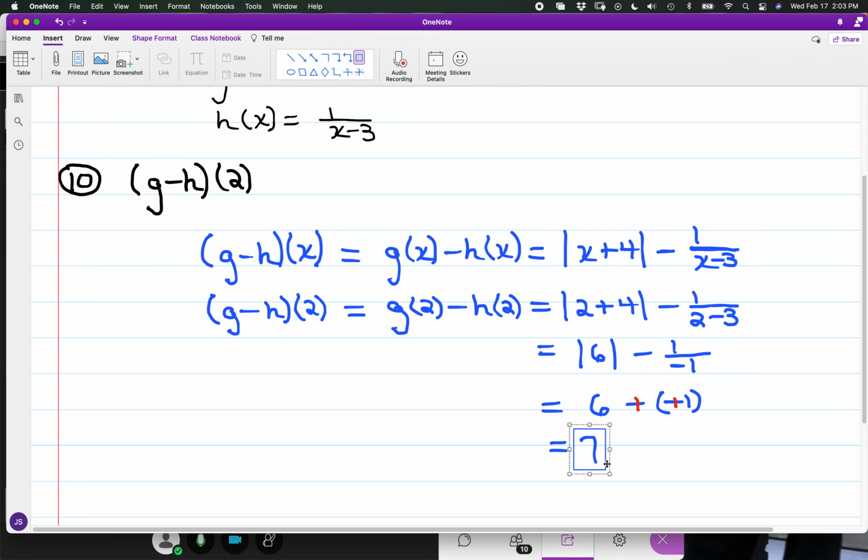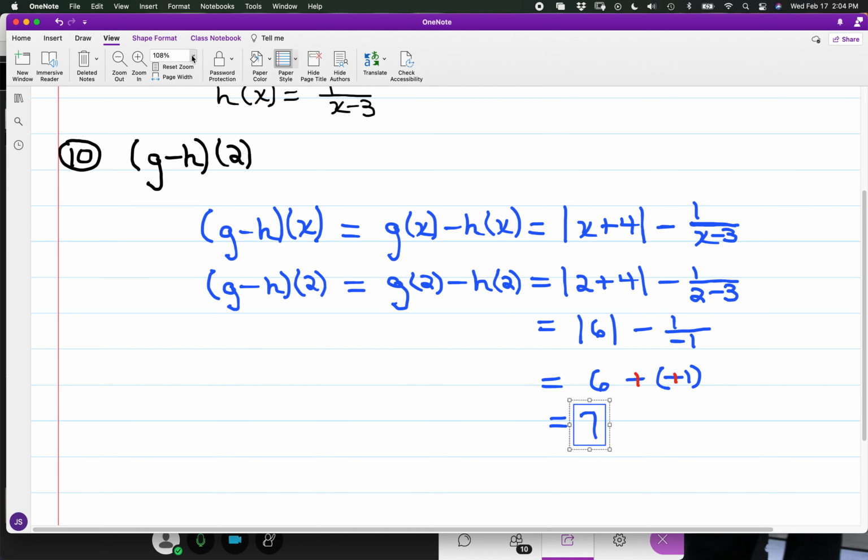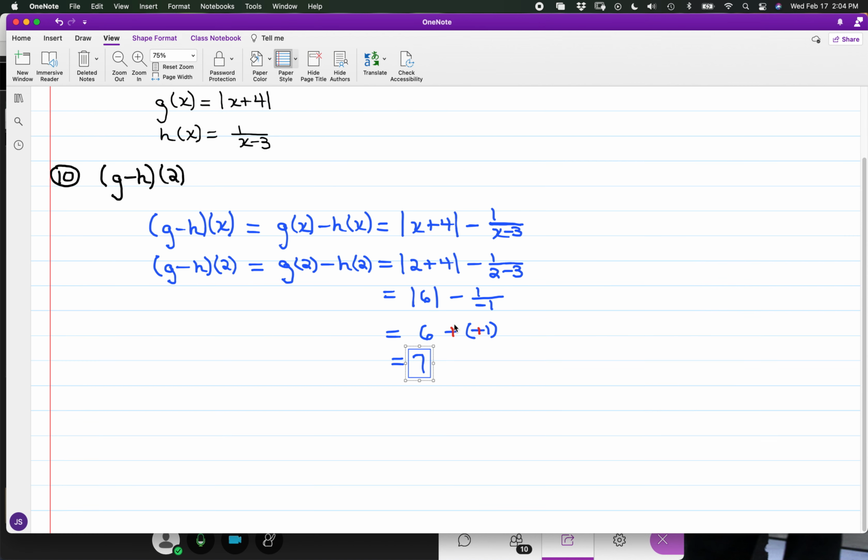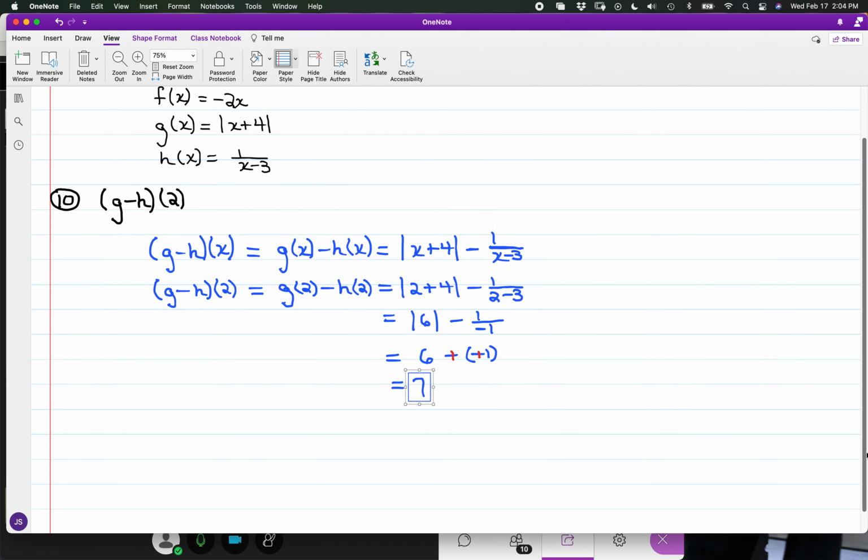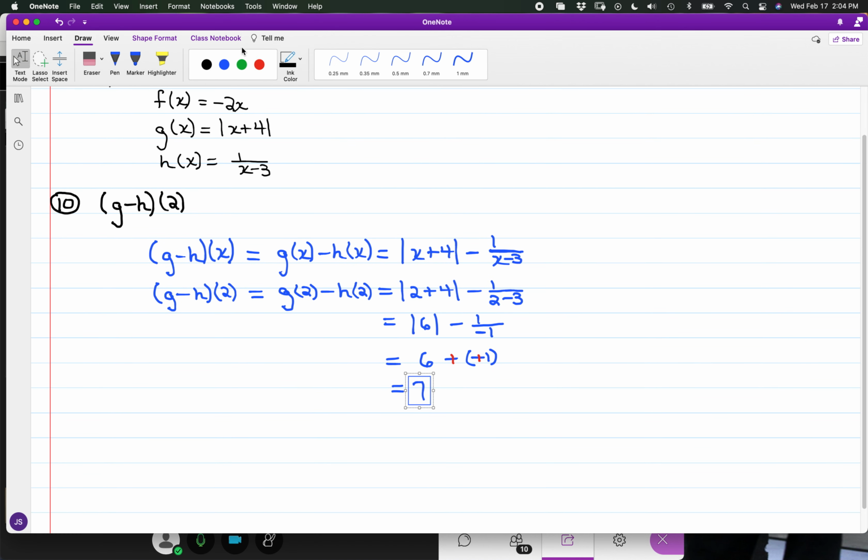Now, another approach, again just applying the specific case. So again, we have g minus h of 2, which still translates out to g of 2 minus h of 2.